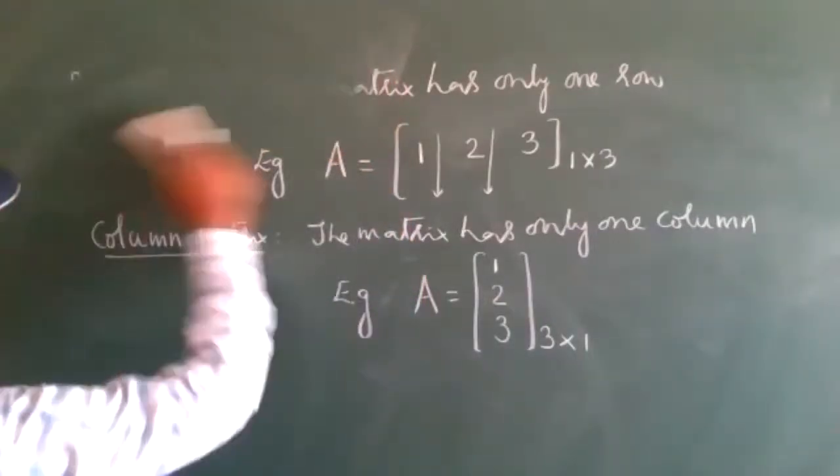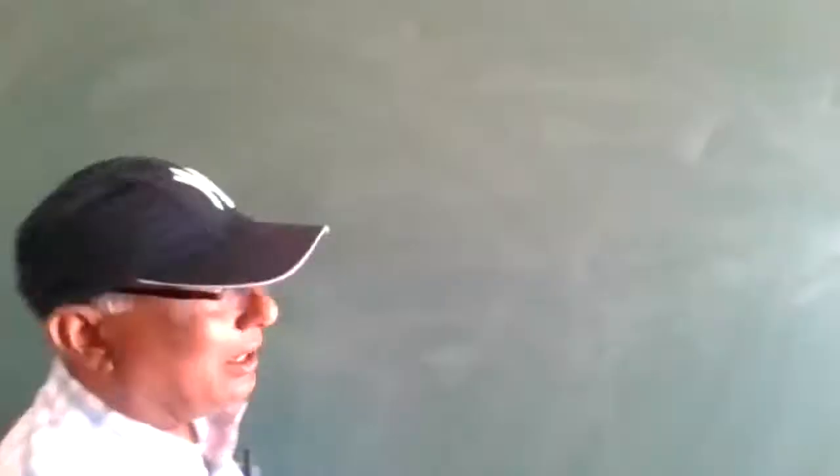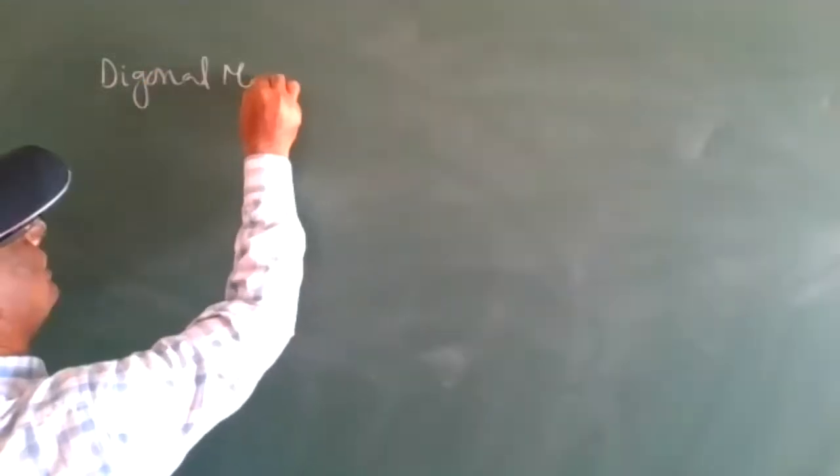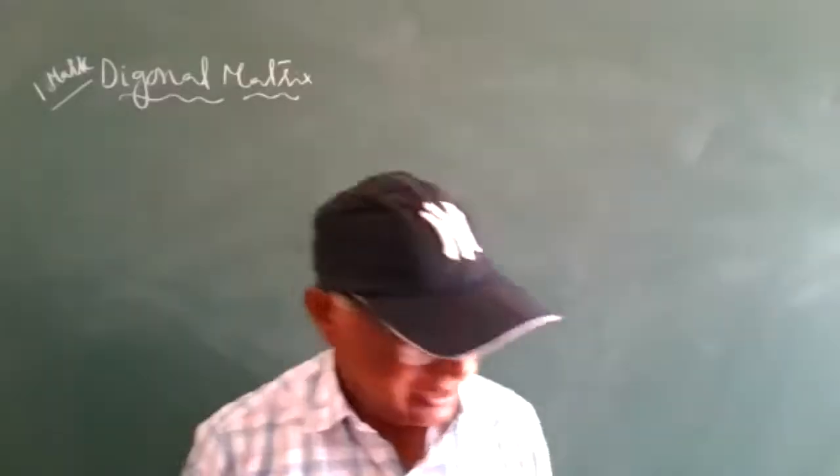A diagonal matrix is first of all a square matrix. This is important because one more question is generally asked on the diagonal matrix definition.